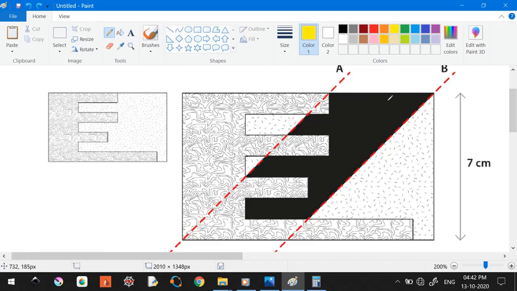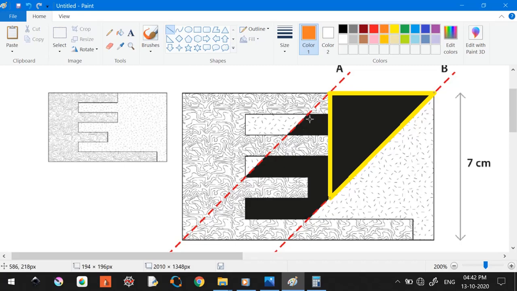For example, visually I can see this as a triangle, right? Likewise, it's not straight, so let me take a line. If I check from this side, it is going to be one triangle, right?